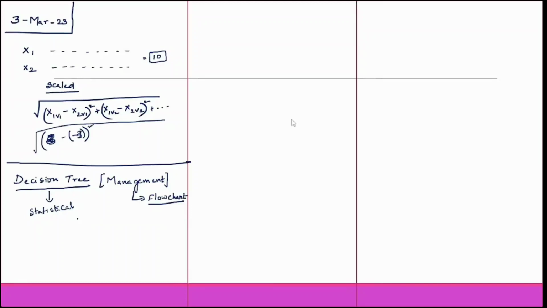So here also what happens is you start with your entire data, and you split the data into different subgroups.